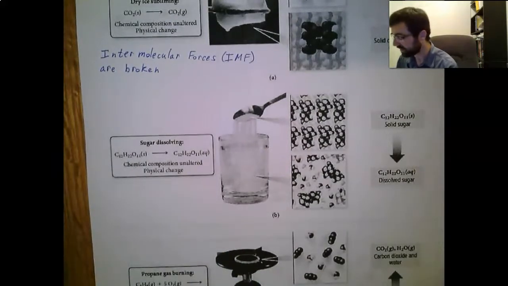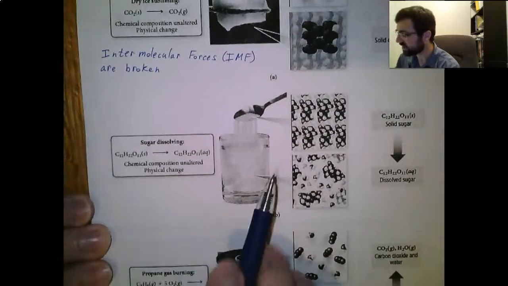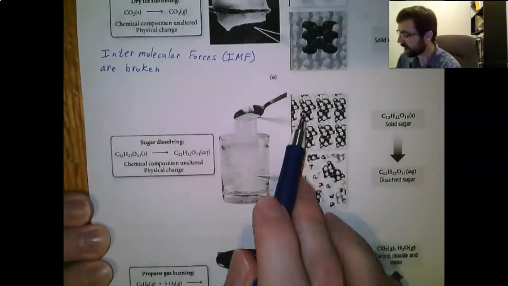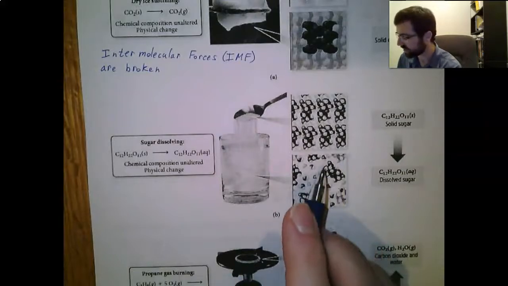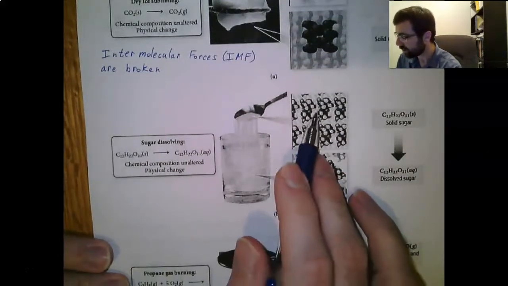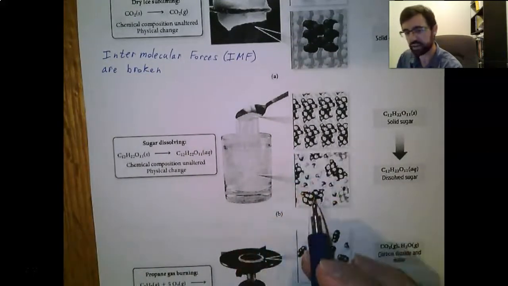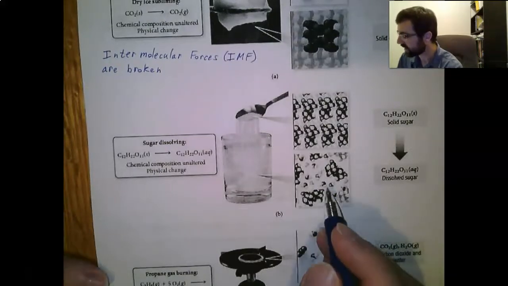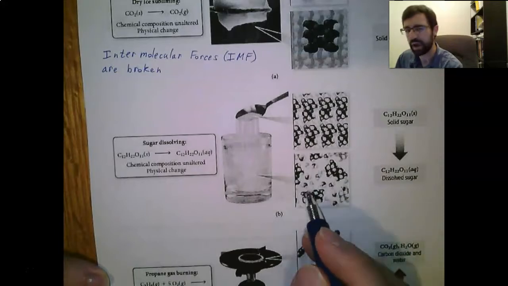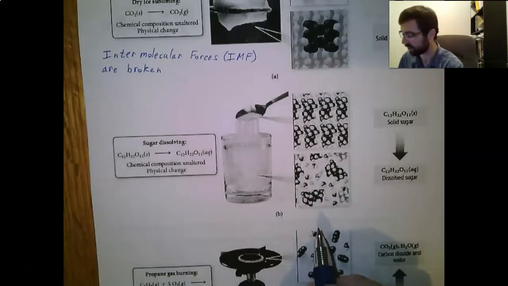So what's happening in this case is those sugar molecules that are clumped together in a solid formation are broken apart and change into kind of a random orientation within the water. But they're also really attracted to the water molecules. That's why sugar dissolves so well in water.